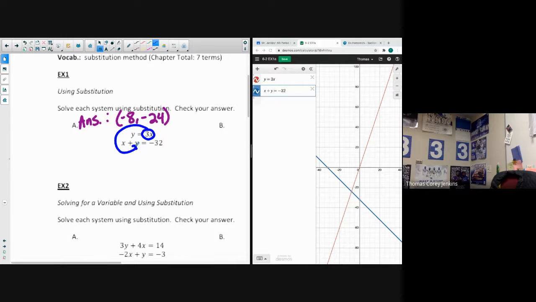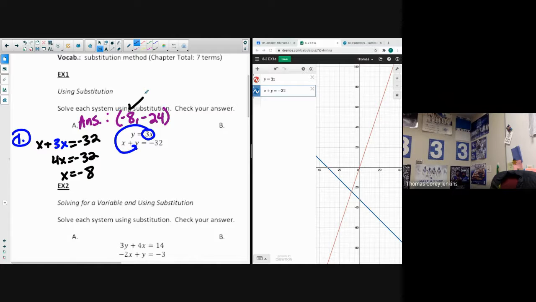My step 1 is going to look like this: I have x plus, and then instead of y, I'm going to substitute 3x. You can see I put it in a different color there. Equals negative 32. Then I'm just going to solve for x. x plus 3x is 4x, and negative 32 over 4 gives me negative 8, which we've already checked. So we know our work is good.